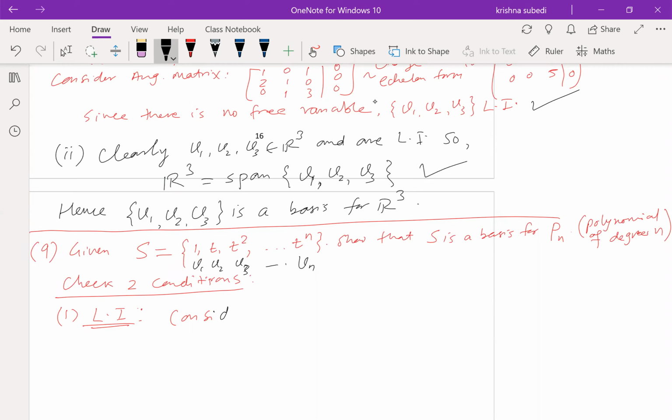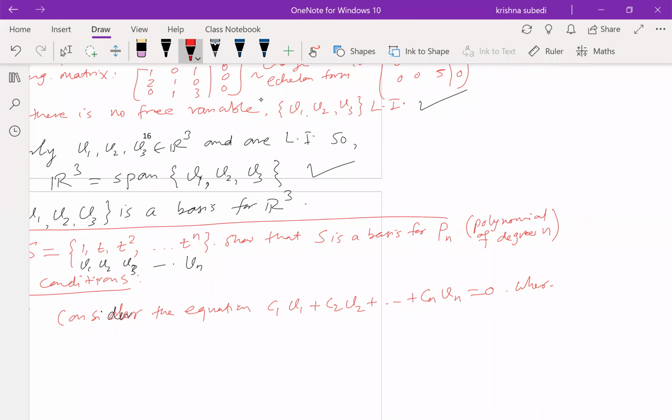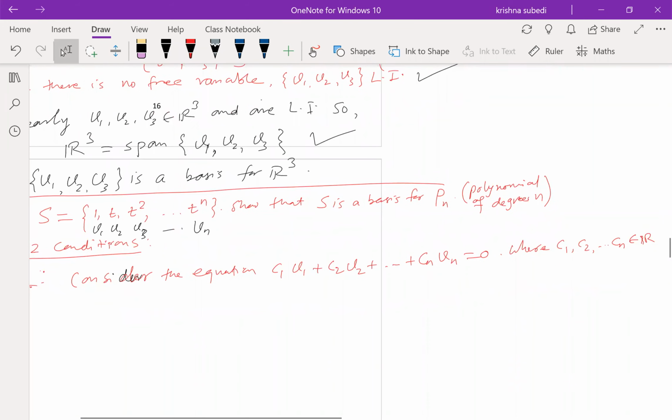Okay, so consider the equation c1 v1 plus c2 v2 and so on, where c1, c2 up to cn belong to R. They are scalars, they are weights, whatever you call them, you can simply write they belong to R.